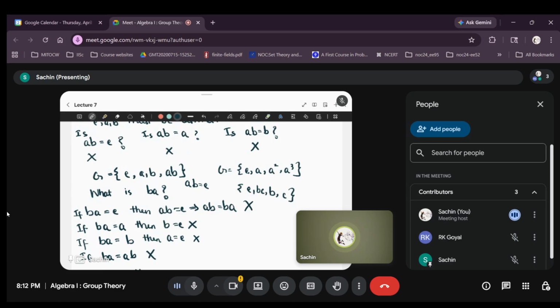So you can always write G as E, B, C, and B times C. The only thing is, if B and C are not distinct, if B and C are the same element, then you couldn't write this.